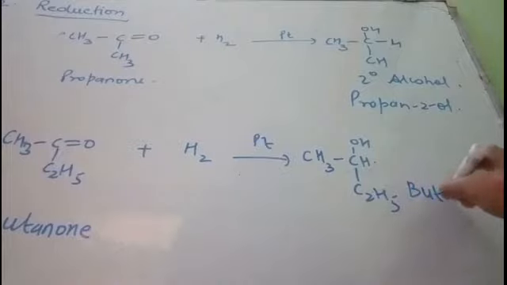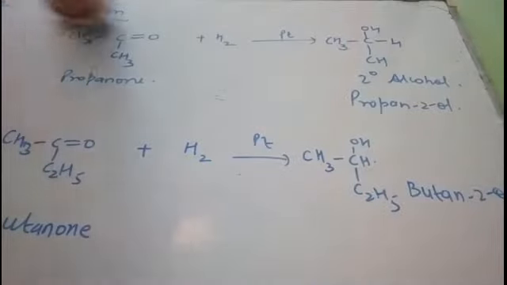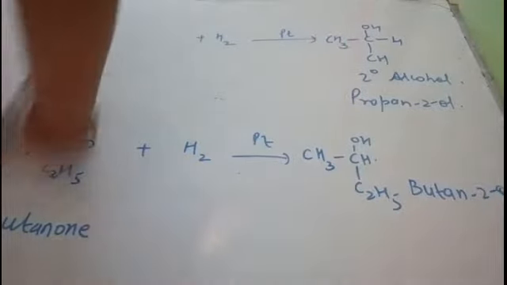This is butane-2-ol. So when aldehydes are reduced, we get primary alcohol, and when ketones are reduced, we get secondary alcohol. Other than that, when these aldehydes and ketones are reduced under special conditions, they also give hydrocarbons.